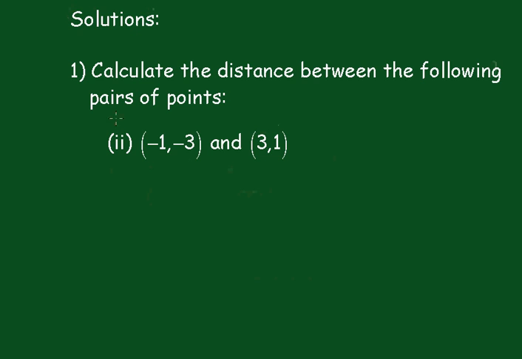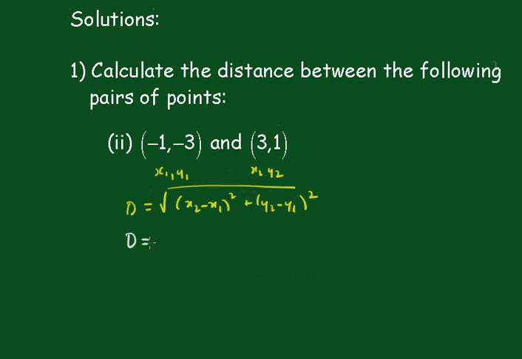Okay, number 2. We'll do this. It's x1, y1, x2, y2. Distance equals square root of x2 minus x1 squared plus y2 minus y1 all squared.